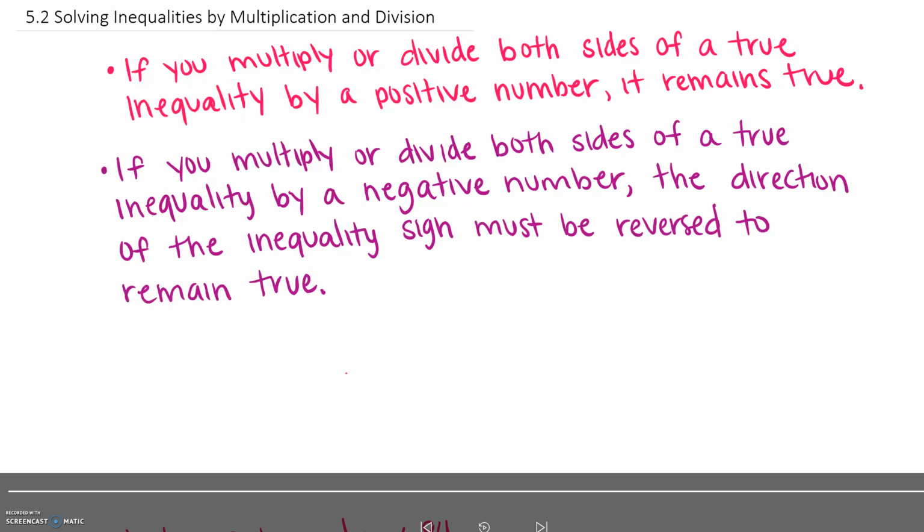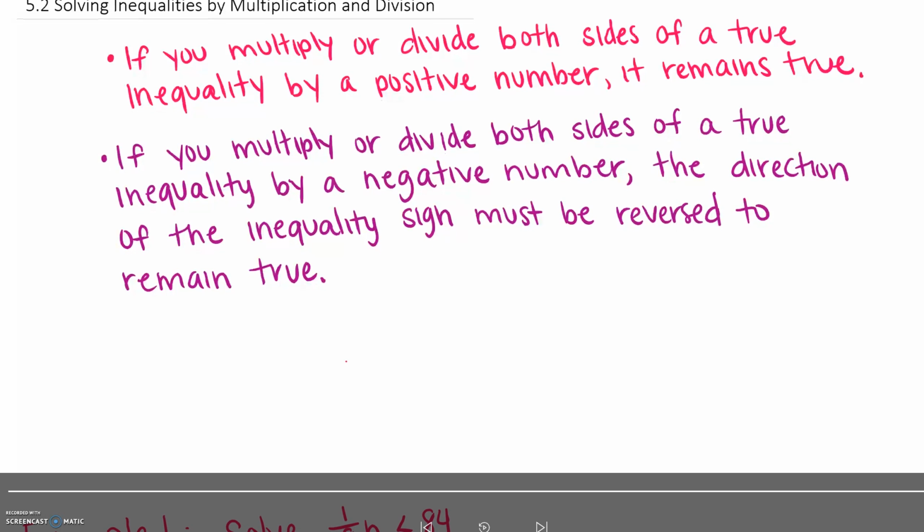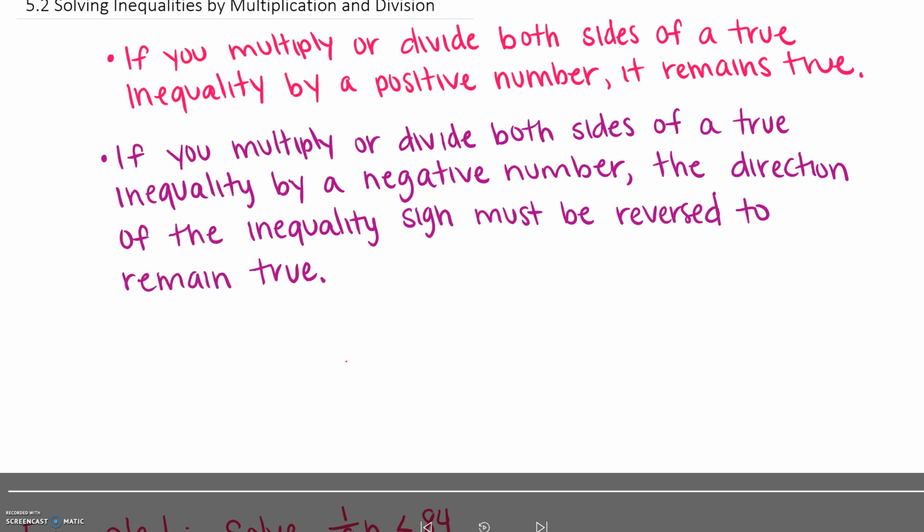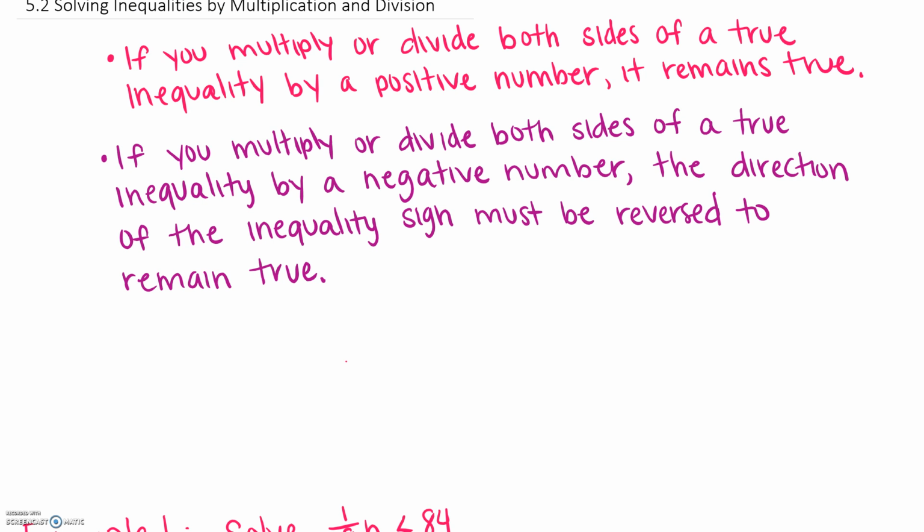Basically, we can draw a little table to help us remember this. If we are multiplying or dividing, it doesn't matter, by a positive value, the inequality remains true without doing anything.